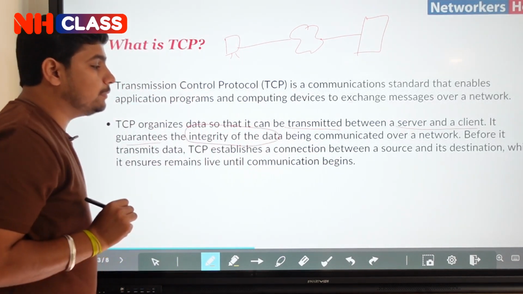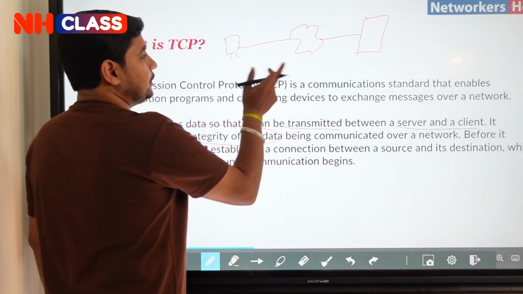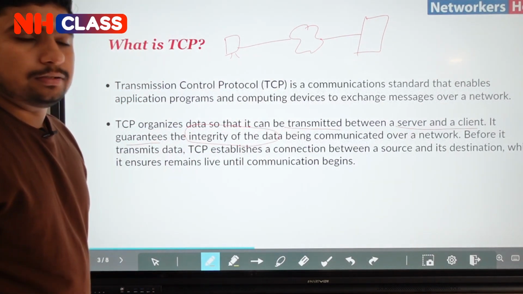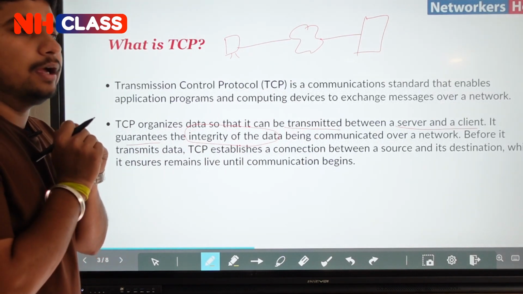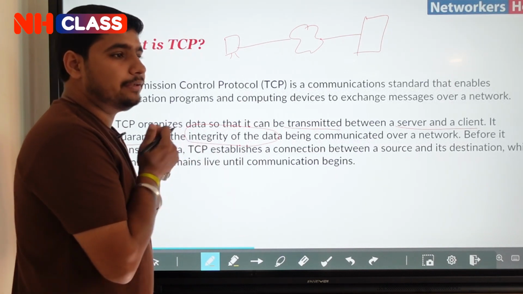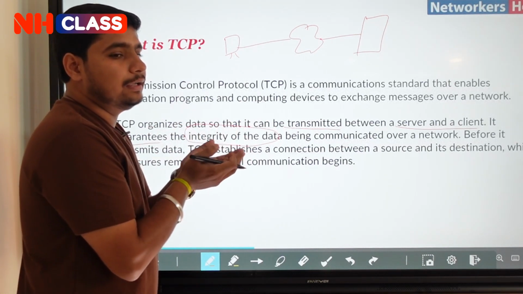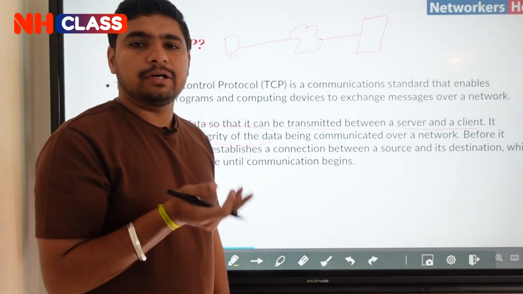What exactly is the meaning of integrity? Integrity means when we are exchanging data between both sides, as a sender or as a receiver, I want to be sure that the data I am receiving or sending should not be modified by any third person in between.